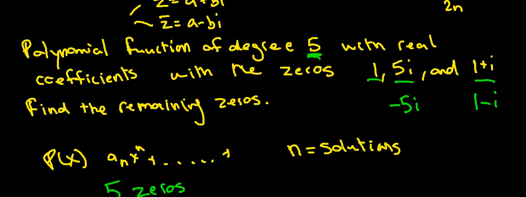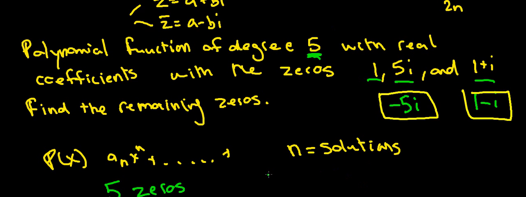So the two missing zeros are minus 5i and 1 minus i. So our total zeros are 1, 5i, minus 5i, 1 plus i, and 1 minus i. And that's all the conjugate pair theorem says.